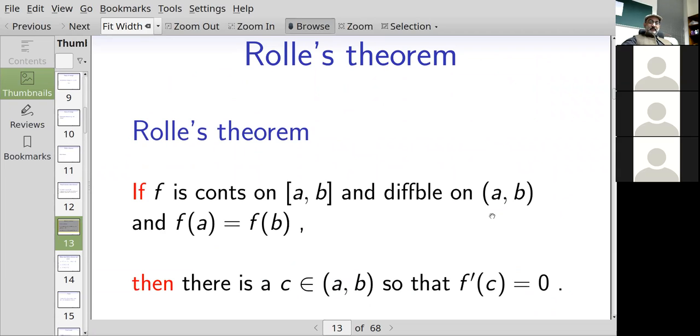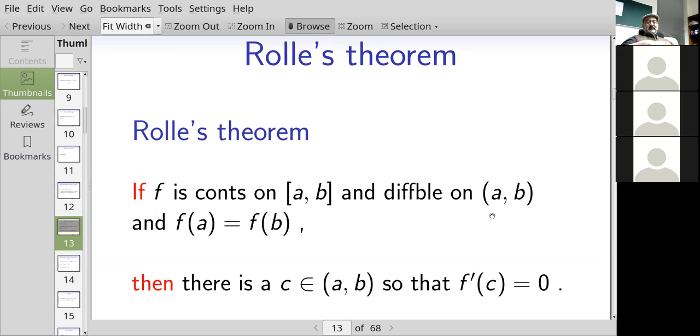So, sir, an example of this would be a graph of x squared. No, at the endpoints you have to have the same values. So if you took sine of x from 0 to pi, sine of 0 is 0, sine of pi is 0, right? And the sine function is continuous from 0 to pi, is differentiable on the open interval 0 to pi, and its values at the endpoints are both 0.